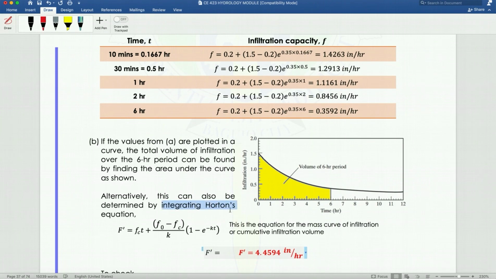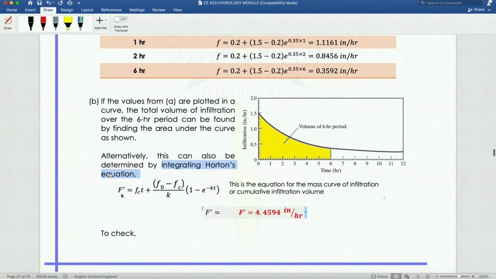By integrating Horton's equation, we therefore get F is equivalent to fc t plus f naught minus fc over k times 1 minus e raised to negative kt. So using this equation, we can now get the value of the volume for the 6 hours.